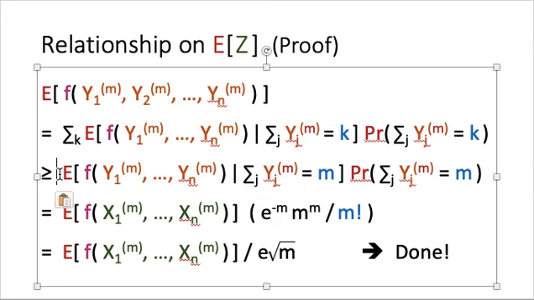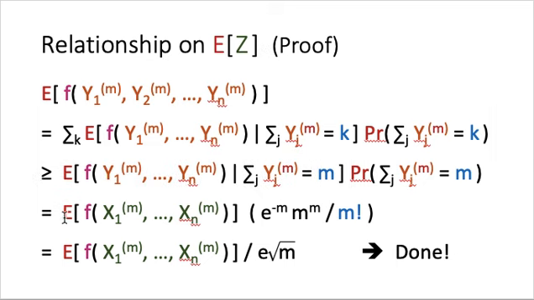And for this part, this is the conditioned Poisson, and conditioned Poisson is equal to exact. So we can replace this by the expected value of the random variable in the exact case. And by using our previous bound on n factorial, we can simplify this term into e square root m.